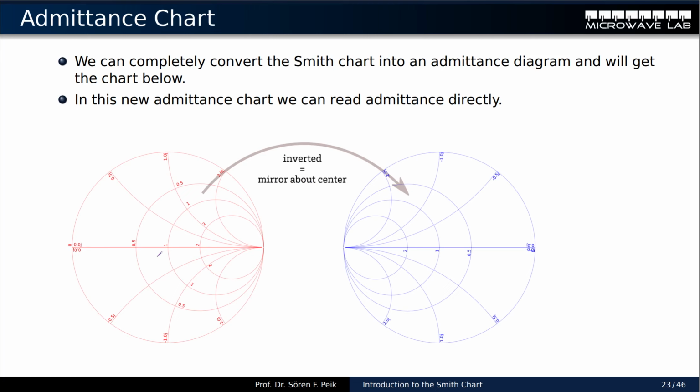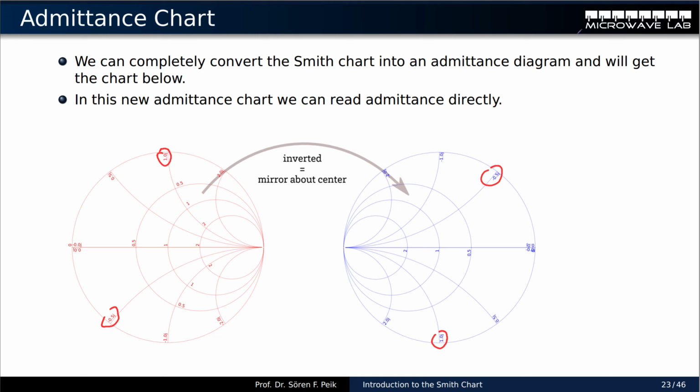Now, there was some guy who had the idea, well, rather than using the Smith chart, here shown in red, we can also use a so-called admittance chart, which is basically like a Smith chart, but everything is flipped. You see here's 1j, this becomes the 1j down here, here it's minus 0.5j, that becomes 0.5j here, and so on. So everything is flipped, and then you get a chart which looks like this.